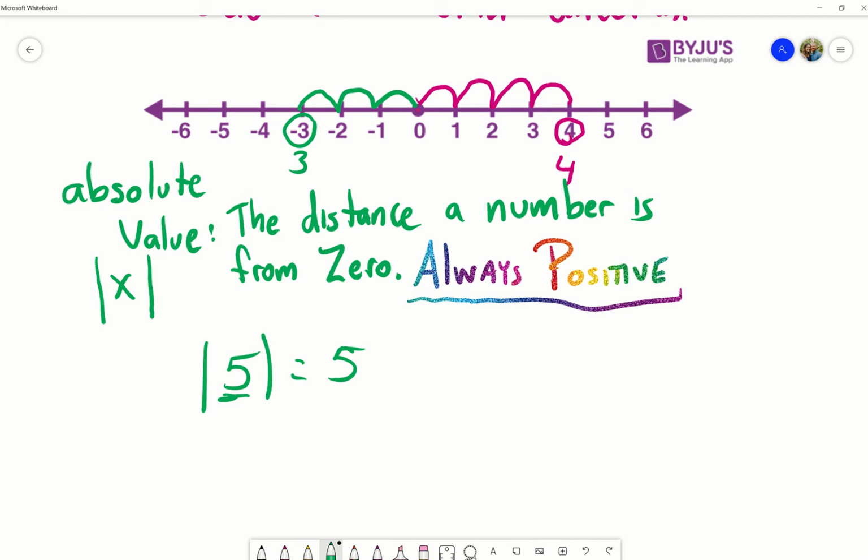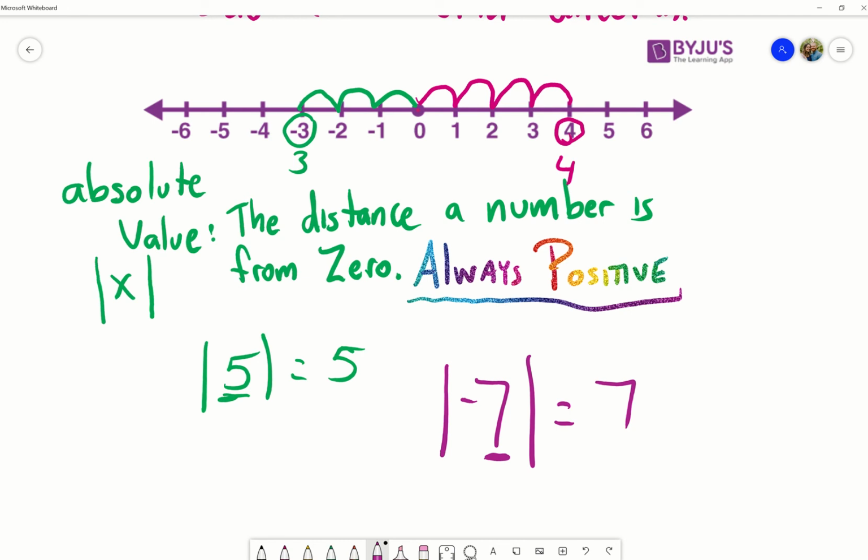If I said, all right, well, what is the absolute value of -7? Remember, absolute value is always positive, so I take this value here, and that is my answer. Okay, so it's important to know how absolute value works so that we can make sure we're remembering that our numbers are always going to be positive.